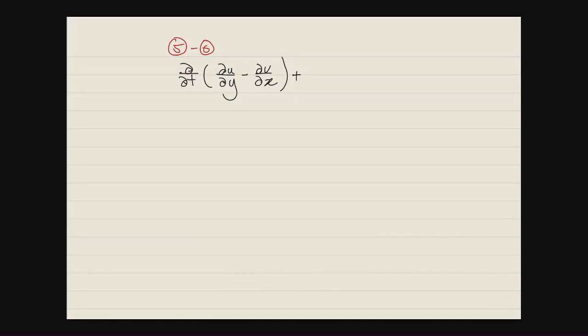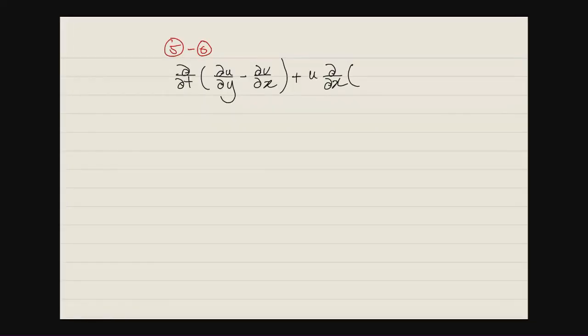Now the next term that I'm going to take out is u del over del x. If you go back to your equations, I can factorize that and I'll get del u over del y minus del v over del x.